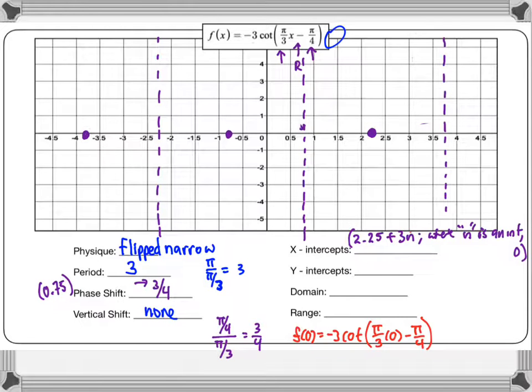So I have negative 3 times the cotangent of negative pi over 4. The cotangent of negative pi over 4 is going to be negative 1. So we'd have negative 3 times a negative 1, which is going to give me a positive 3.